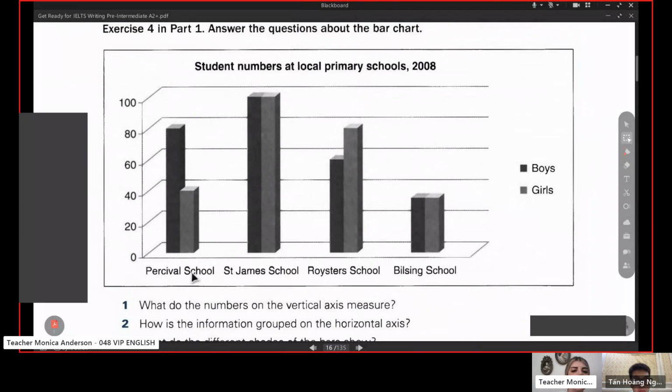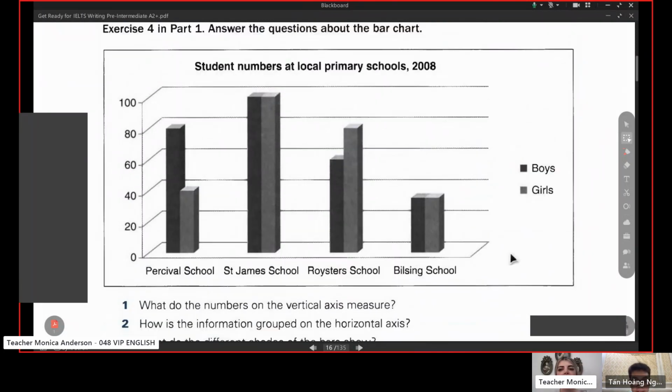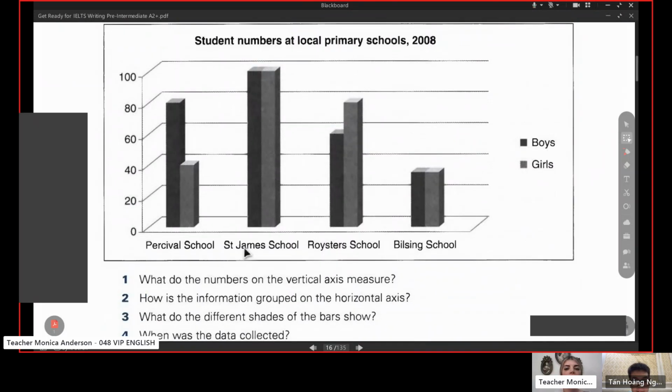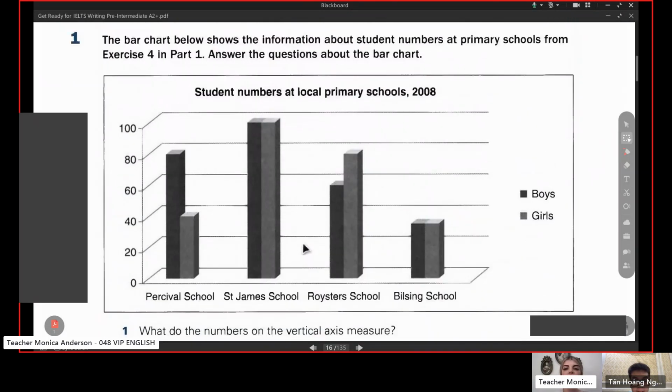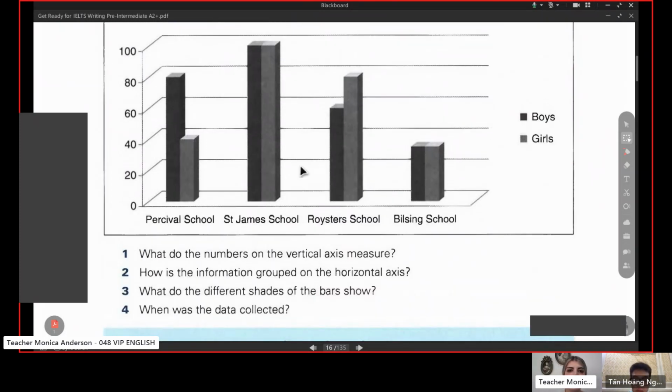For example, the first one, the second one, the third one, and the fourth one. We have different schools, and I have a guidance here, boys and girls. Normally there is some information that you need to study, and you need to answer some questions related to the chart.